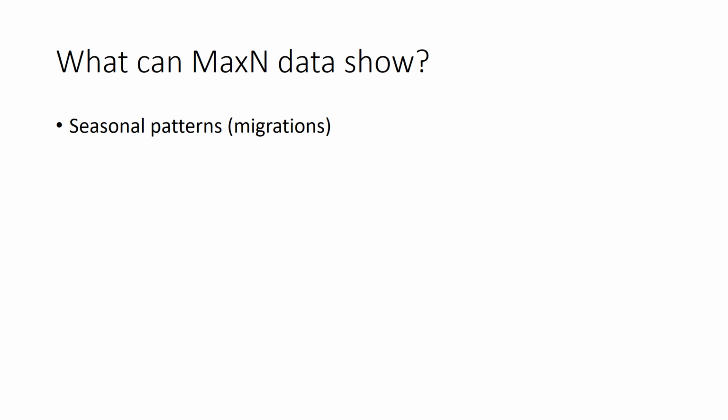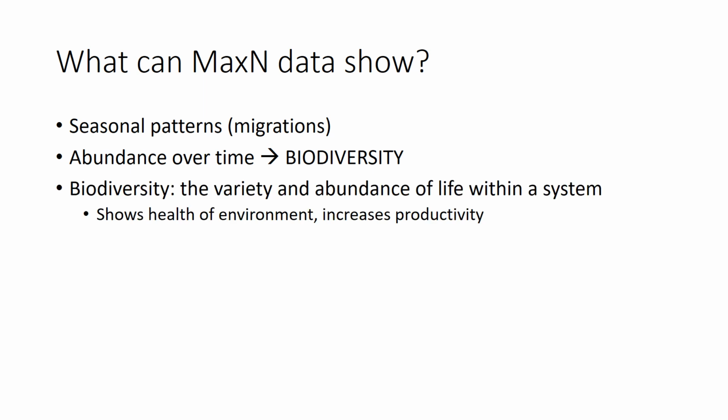Taking MaxN values over a long period of time can show indicators of biodiversity. Biodiversity is the variety and abundance of life within a system, and it is used to measure the health of the environment, and high levels of biodiversity increase productivity in a system.